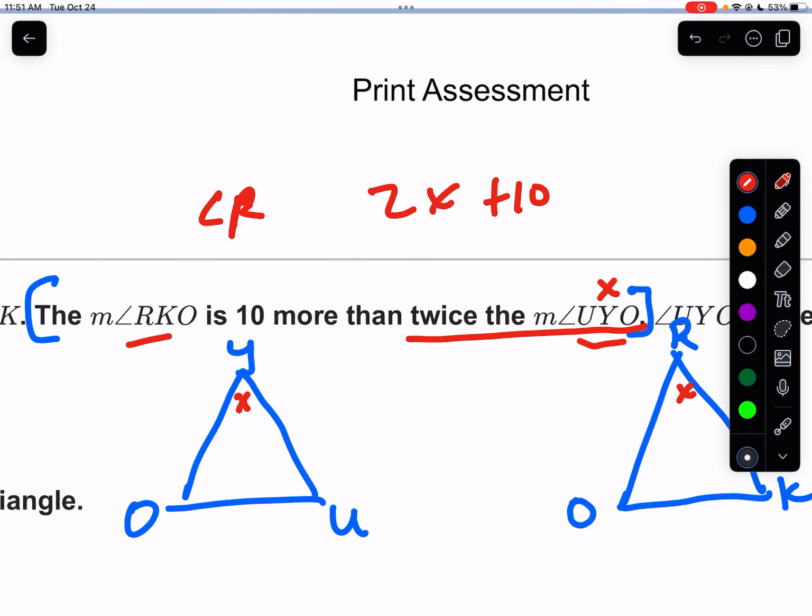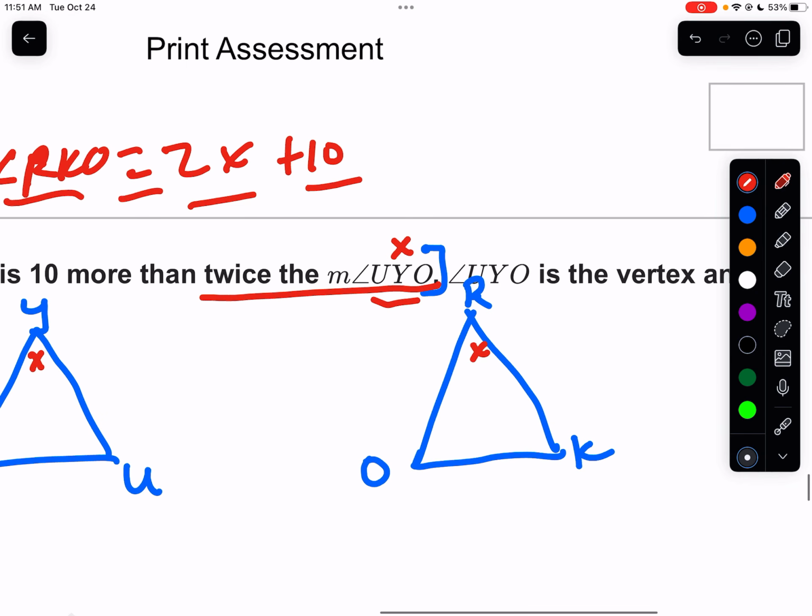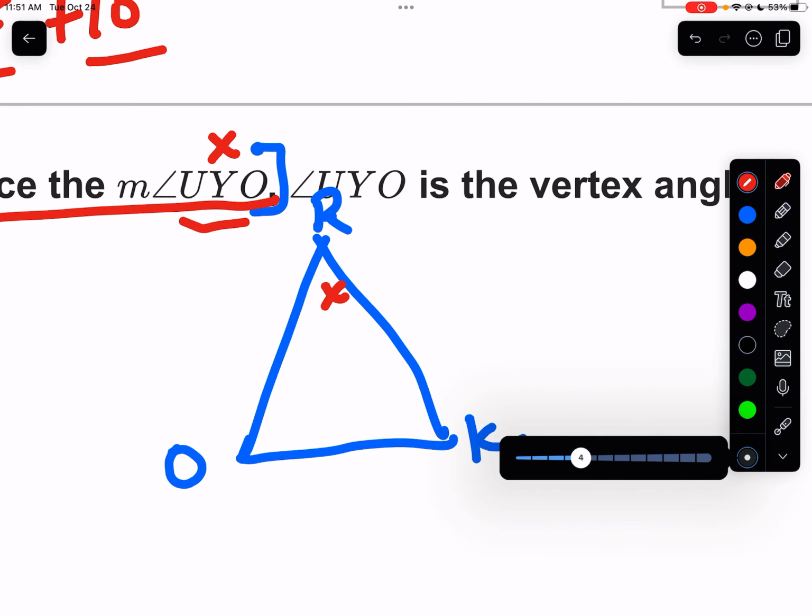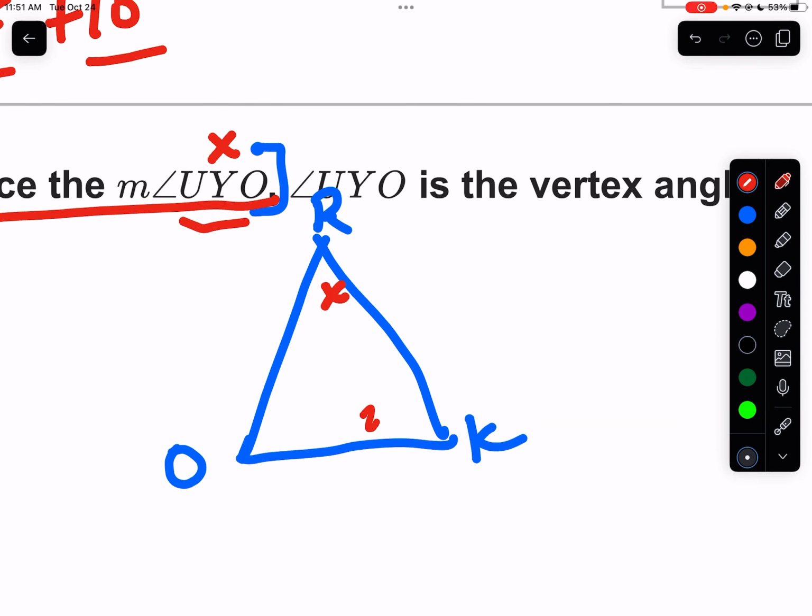Angle RKO is 10 more than twice UYO. RKO is 10 more than 2 times X. So RKO down here is 2X plus 10.